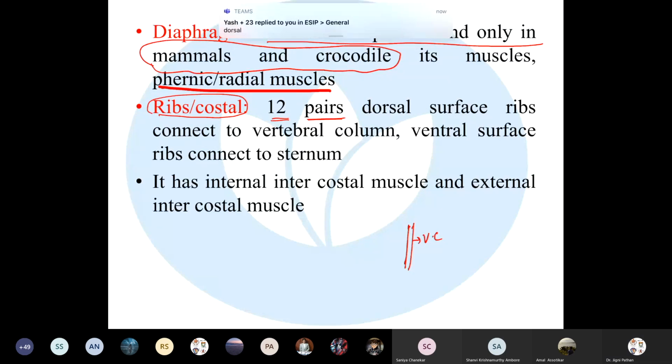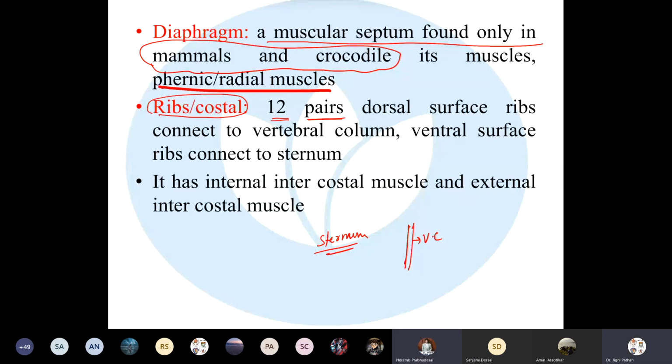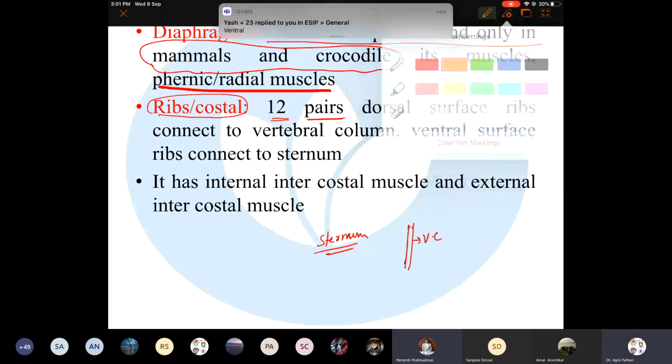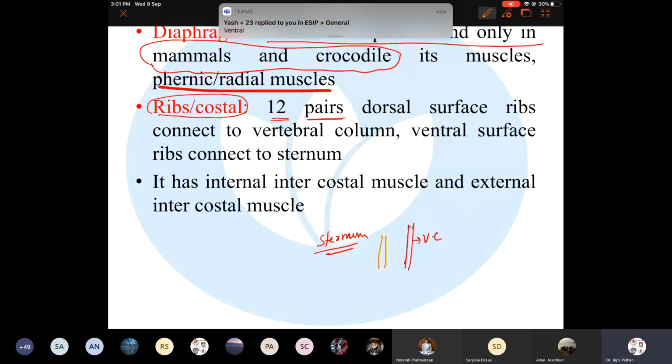Dorsal. Vertebral column is dorsal. And where is the sternum, the chest bone? Dorsal or ventral? Ventral. Very good. So ventral is the sternum and dorsal is the vertebral column.